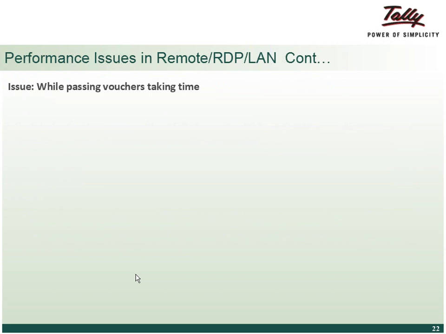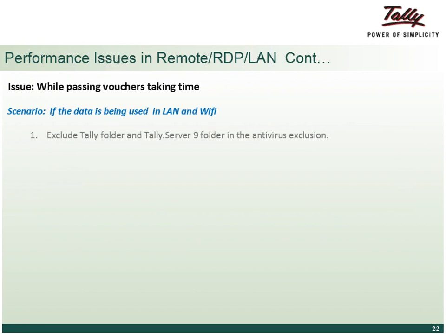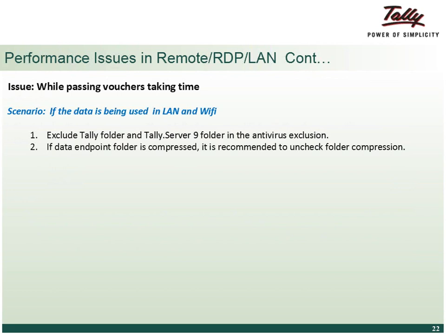The next issue you may come across related to performance is that while passing vouchers, it takes more time. The scenario might be that the data is being used in LAN or Wi-Fi. If you are sharing data that is being used in LAN or Wi-Fi, you need to ensure that the Tally folder and Tally Server 9 folder are excluded in the antivirus exclusion. And if the data endpoint folder is compressed, it is recommended to uncheck the folder compression.